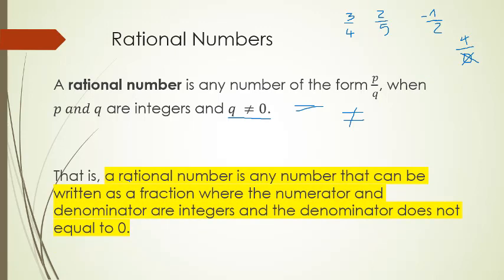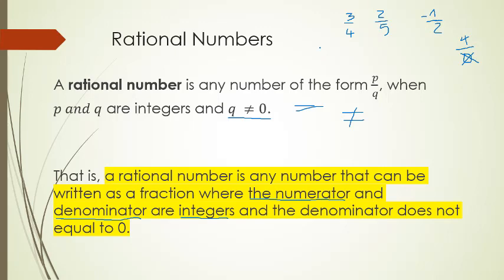Okay, then which leads us to the definition. A rational number is any number that can be written as a fraction. If we don't want to say a fraction, we can say as a quotient. Okay? Where the numerator and the denominator are integers. What does that mean? Remember the set of integers.